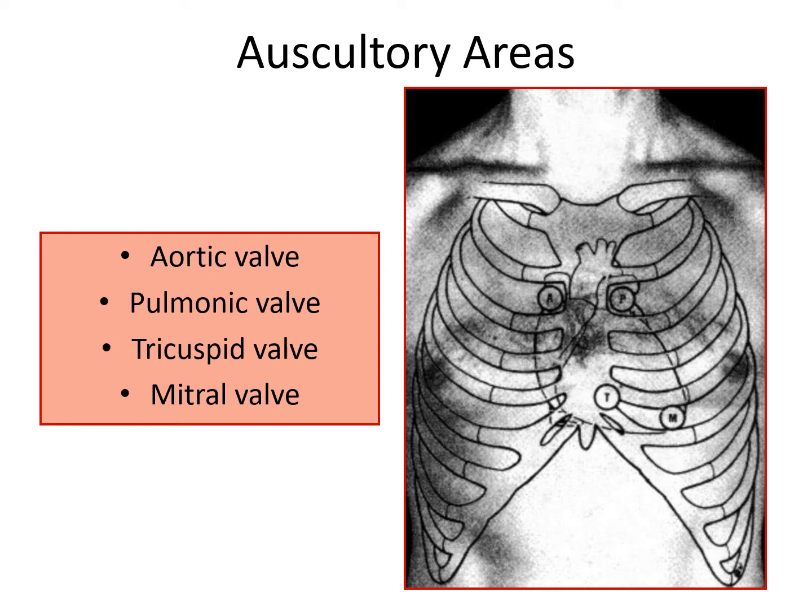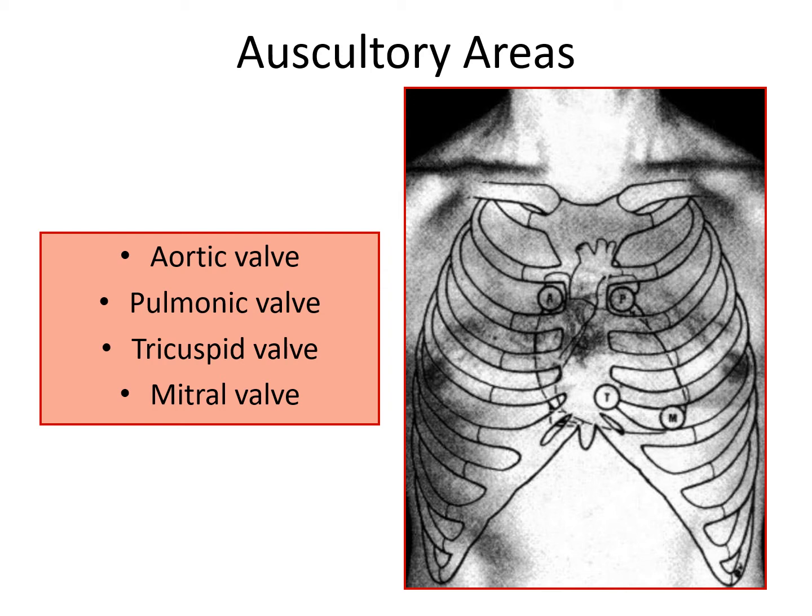And then if you come on down, you can hear the tricuspid valve if there is any murmur present. And you don't hear murmurs in a normal heart. So the tricuspid again is located at the fifth intercostal space by the left sternal border. And then a little further out, we have the mitral valve where you can place the diaphragm of your stethoscope.